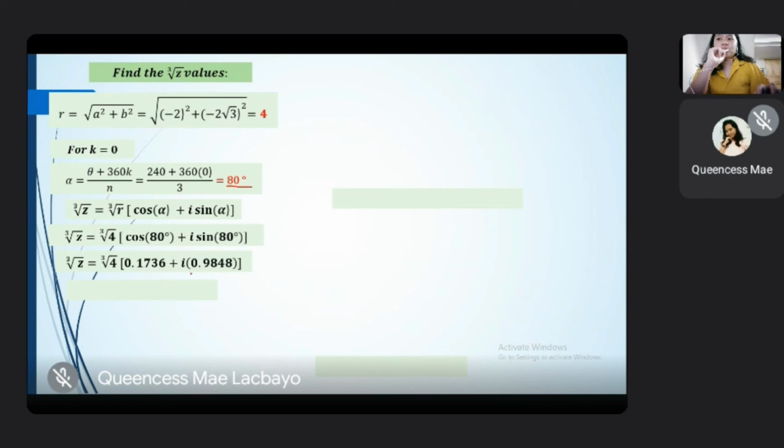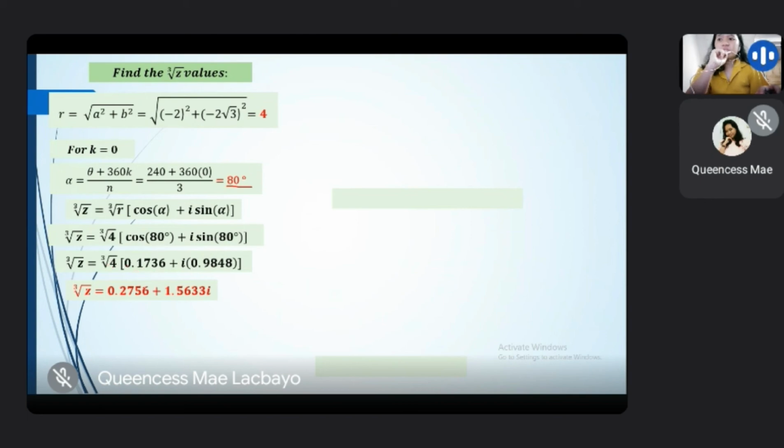Since the answer is a decimal, we consider 4 decimal places. Cosine 80 is 0.1736 and sine 80 is 0.9848. Then distribute, multiplying the cube root of 4 times 0.1736.